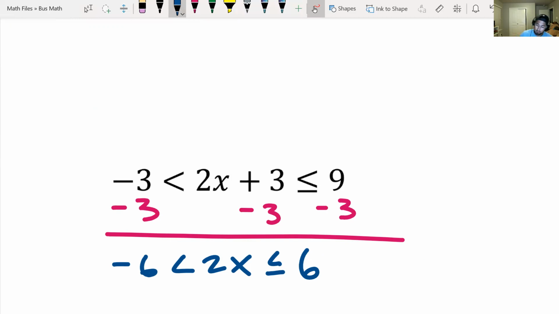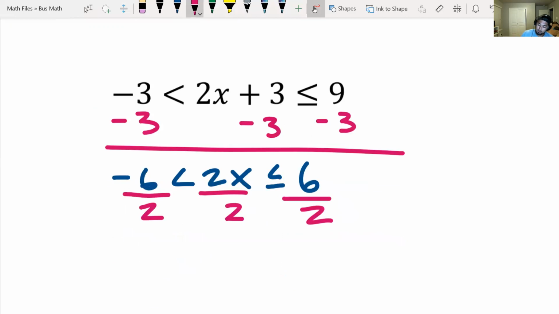Okay. And then divide by 2. We end up with negative 3 less than x less than or equal to 3.